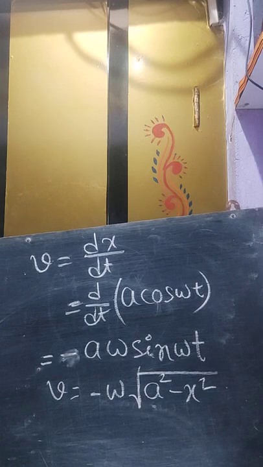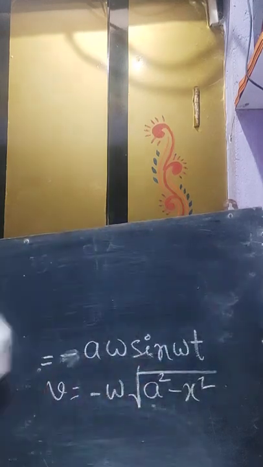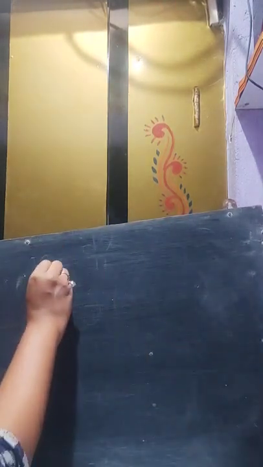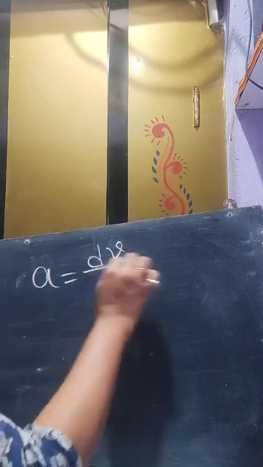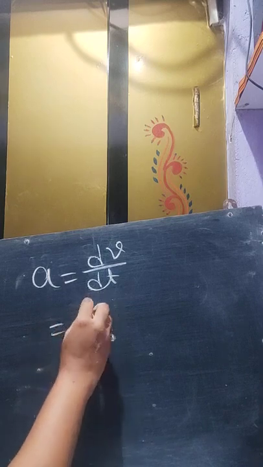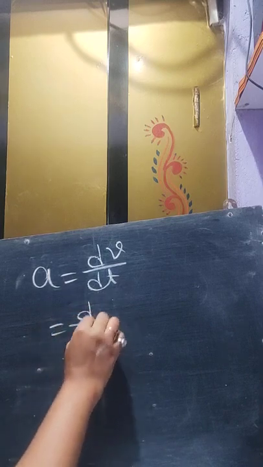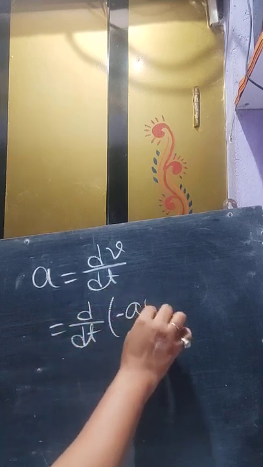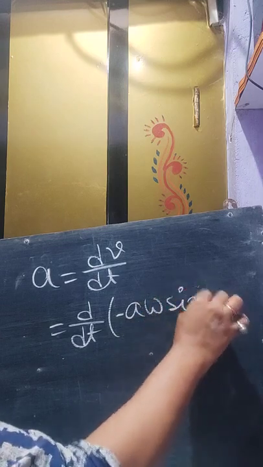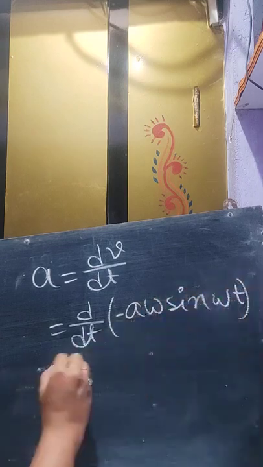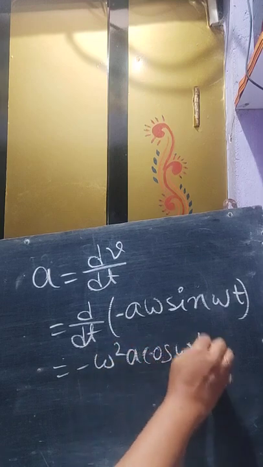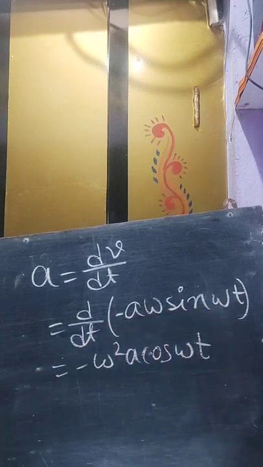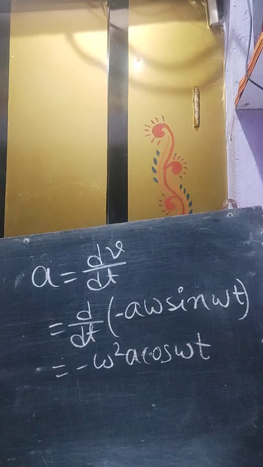And the acceleration, if I consider the acceleration, will be dv by dt, that is, minus A omega square cos omega t. What is A cos omega t? That is nothing but my x.